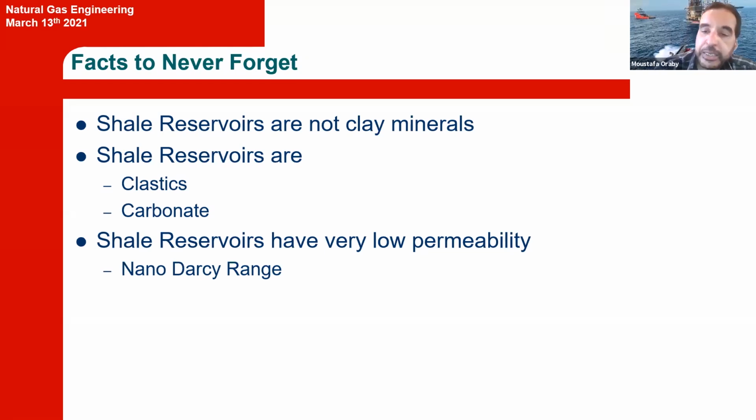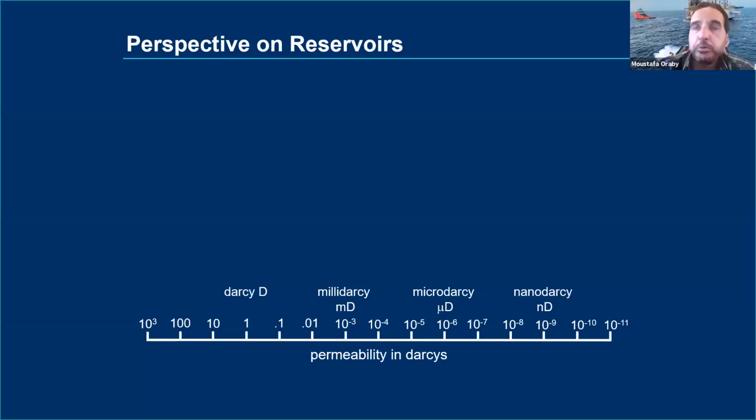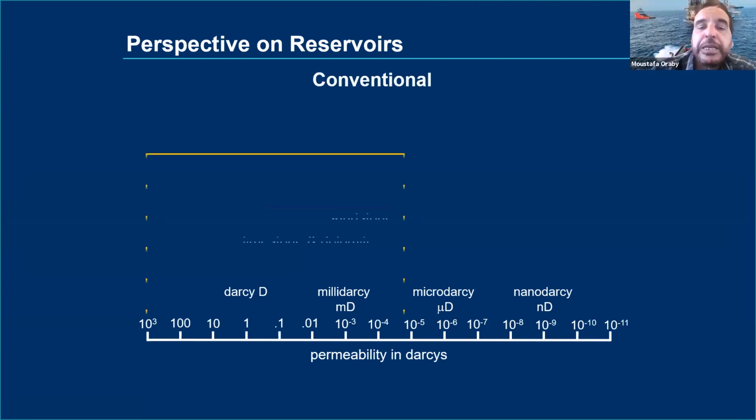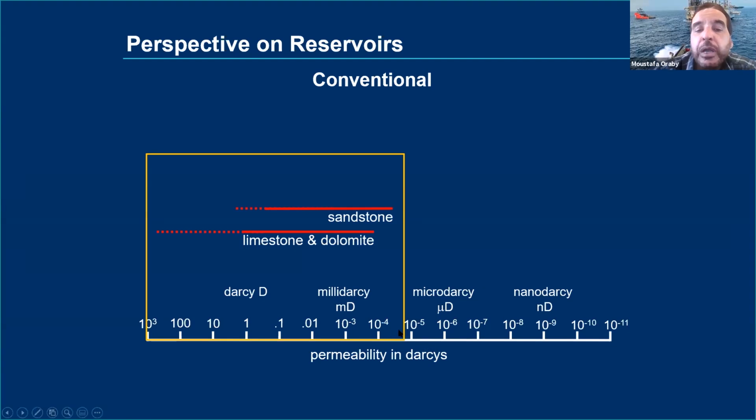Okay, here is an example of how we put this as a function of permeability. All reservoirs now, guys, are classified as a function of permeability. If you are in the conventional reservoir, your permeability range will be in this box, down to millidarcy, up to darcies. So in the conventional reservoirs, you can have reservoirs up to darcies, depending on fractures and other things that make the permeability much higher.